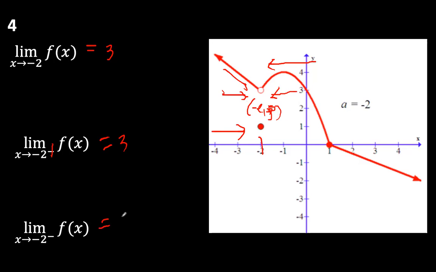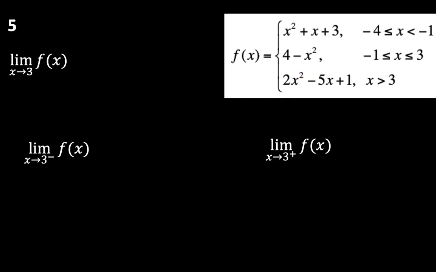Therefore, it's 3. Again, by theorem 1, since the one-sided limits have equal value, which is 3, the limit of the function as x approaches -2 is equal to 3. And we can easily see that here, right? They're approaching the same value. So I hope we got the same answer.